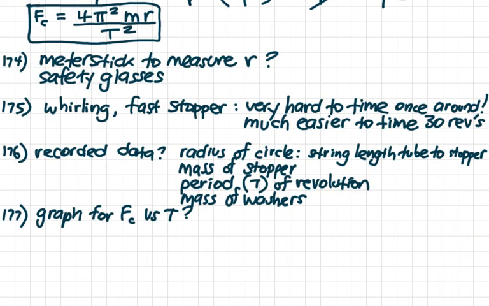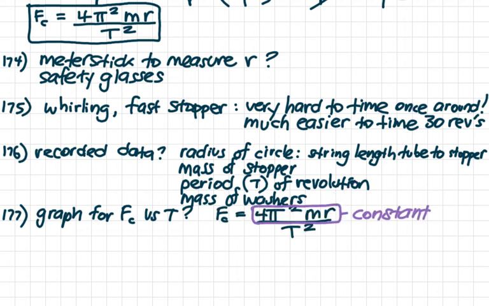So 177 says, what would the graph look like for centripetal force versus the period of revolution? In order to figure that out, we go back to the equation that we found before. Centripetal force is 4 pi squared times the mass times the radius over the period squared. We're holding the mass constant and the radius constant, so really it's just a function of centripetal force versus the period.